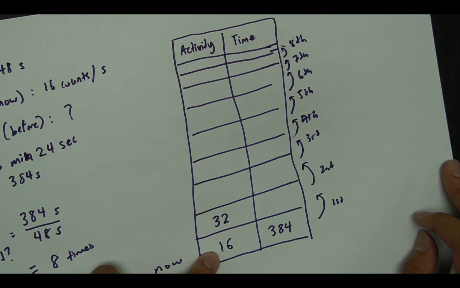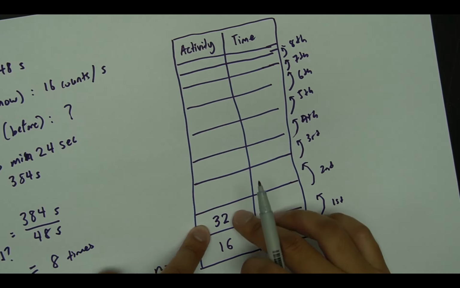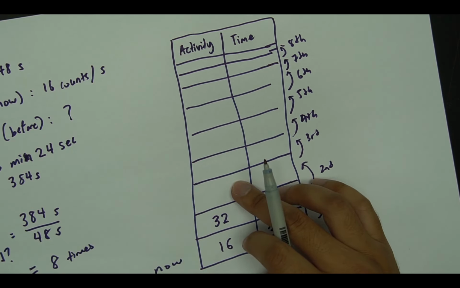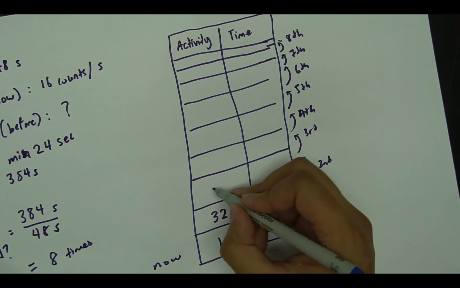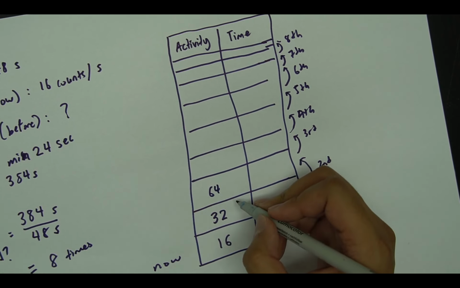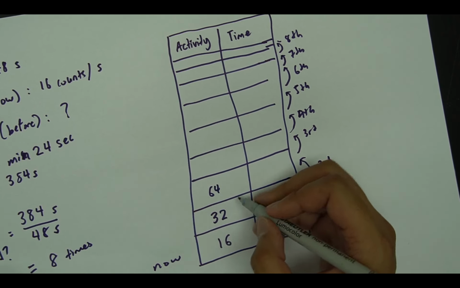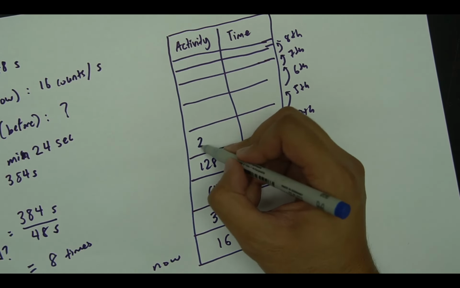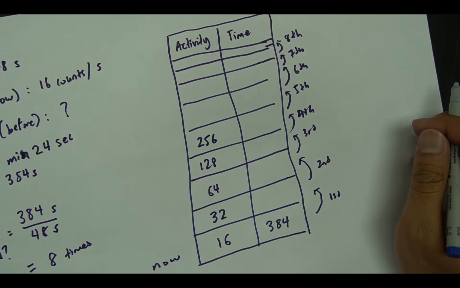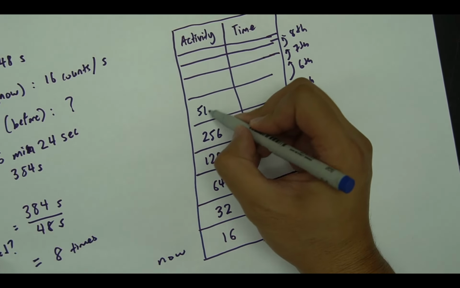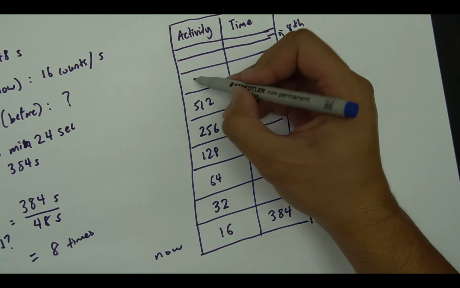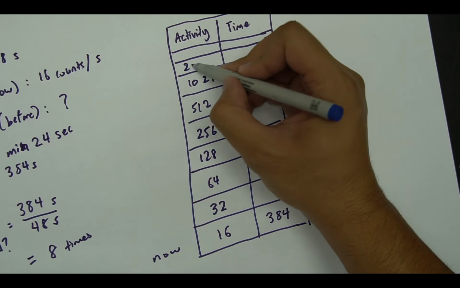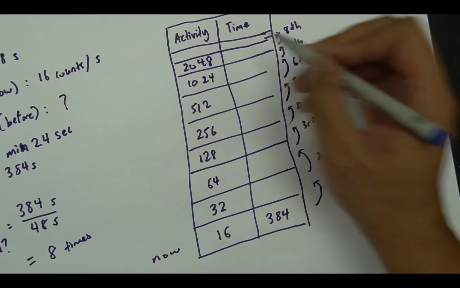So 16 to 32. That's the first half-life cycle. And then 32 going backwards in time becomes 64. Double of that is 128. Double of 128 is 256. Double of 256 is 512. Double of that is 1024. Double that again is 2048.